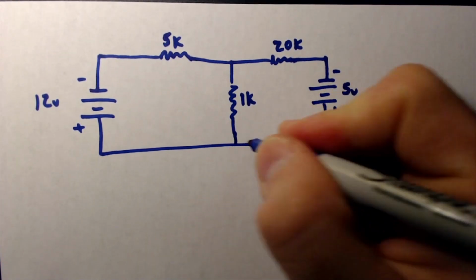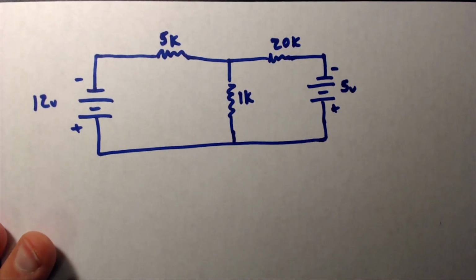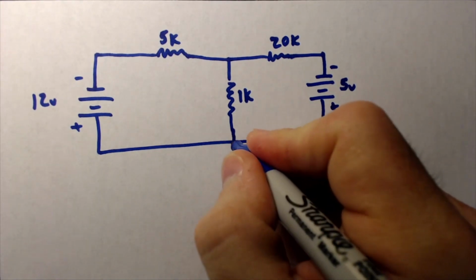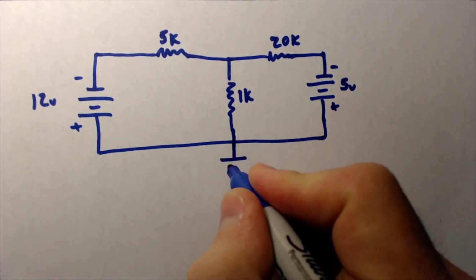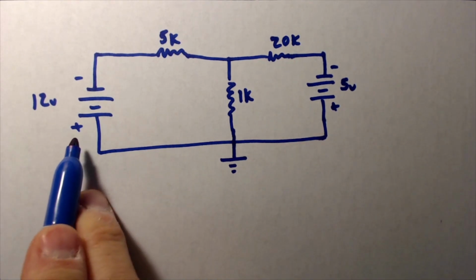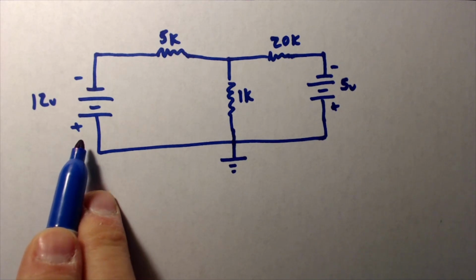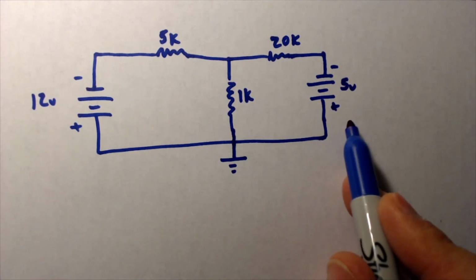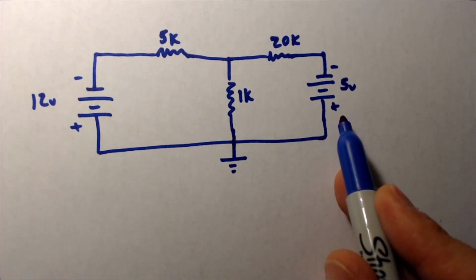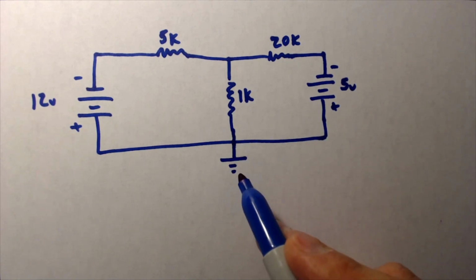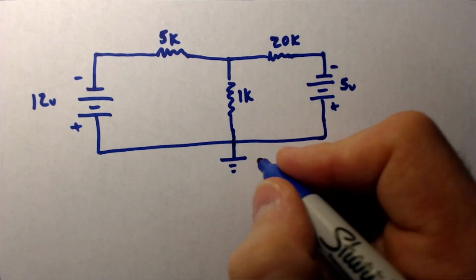Now, of course, first thing we're going to do is assign our reference node. Now, again, you can pick your reference node to be anywhere. In this case, I'll go ahead and pick it to be here. Even though I know that this is higher, this is the plus side of our 12 volt source, this is the plus side of our 5 volt source, we're still going to be able to solve it correctly, even if we pick our ground to be here.